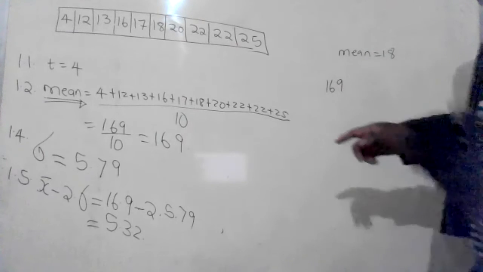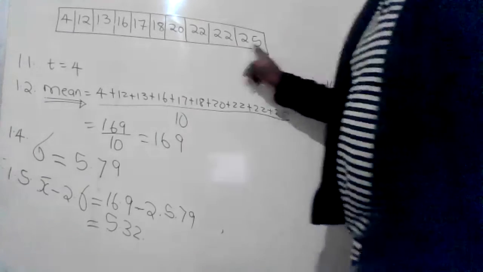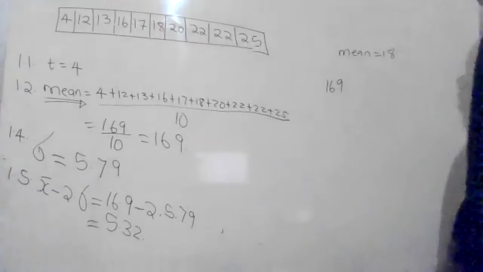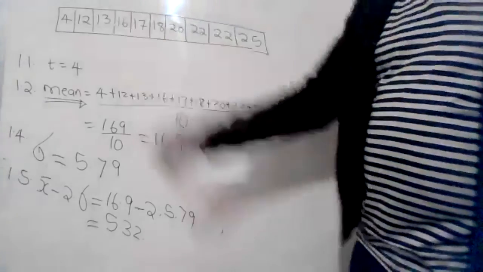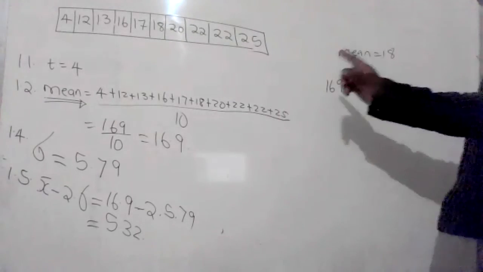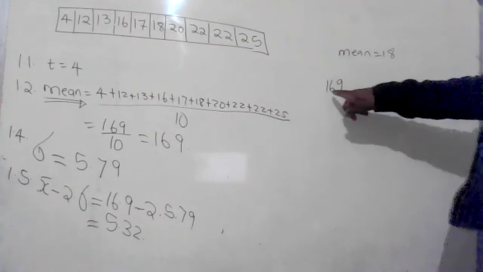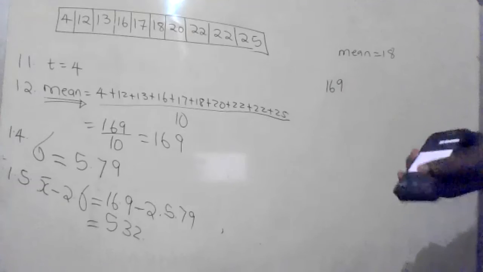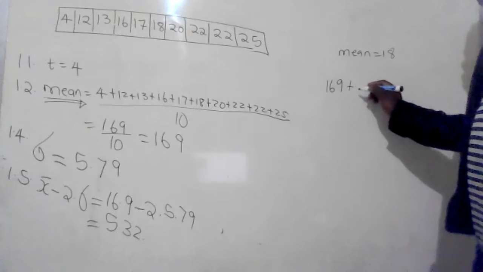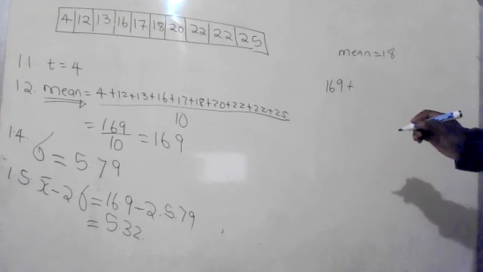Then, because all these values will be increasing by 5, you say 5 multiplied by the number of data that is given. So 5 times 10 will be 50. And then that 50, you add with 169. So it's 169 plus 50. It will give us what value?